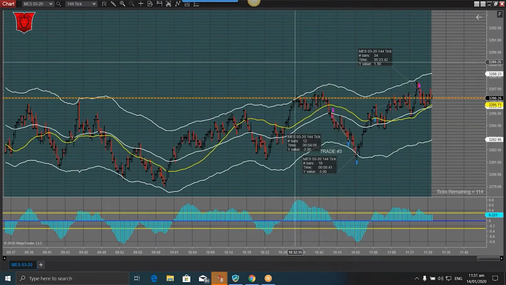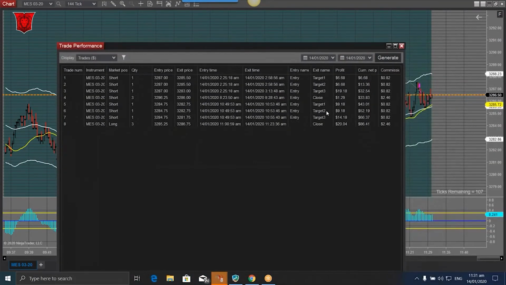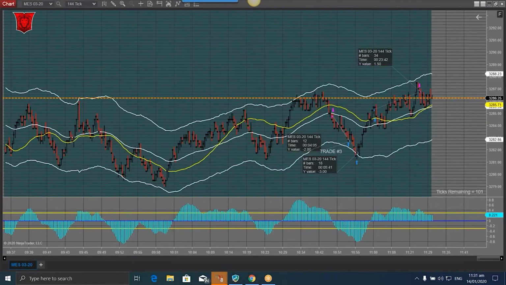Okay. So that's around 4. That's another 7 ticks. I'll show you where that is on right here. This is right here. So that now gave me from 33 to 66.37 net. I've already surpassed my daily.